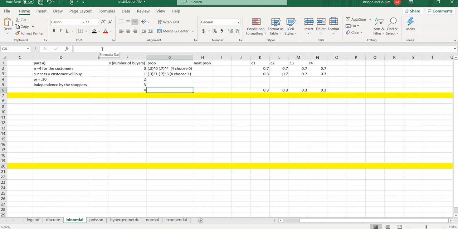This 4 for 4 would be all success. So I see all 4 people saying yes and not a single person saying no. And I still got to understand, how many ways can I choose 4 for 4? Because that's what I want. I want all 4 customers to say yes.